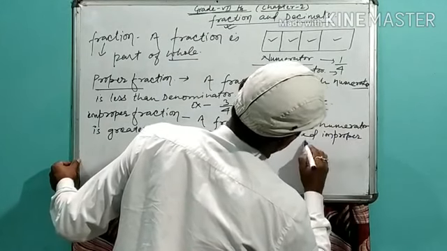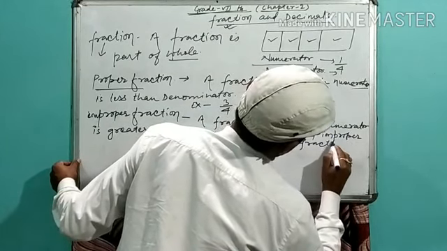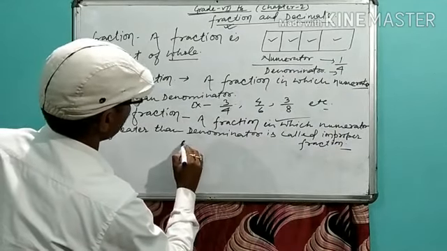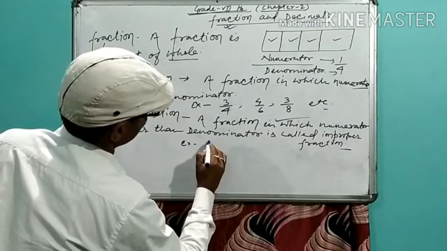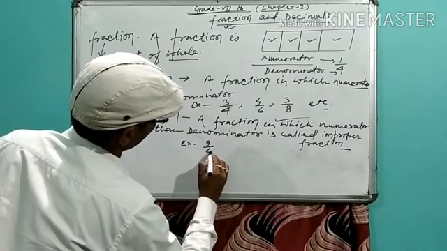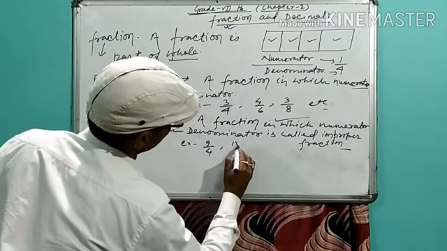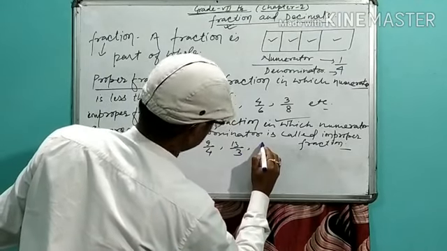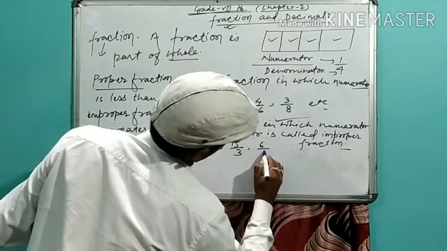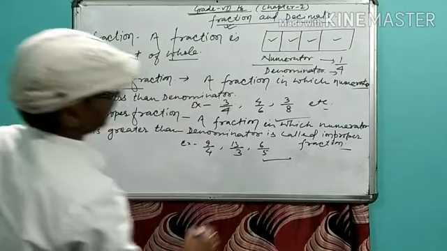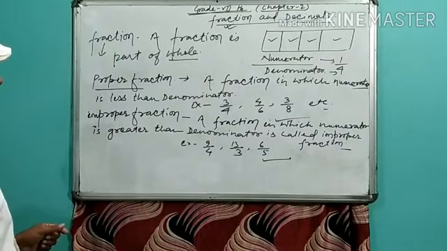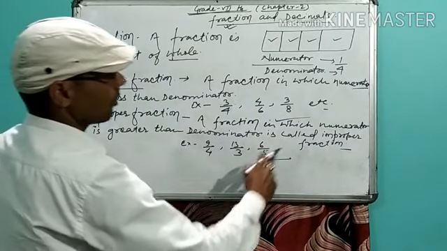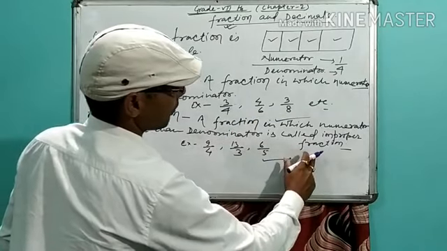Understood? Examples like 9 by 4, 13 by 3, 6 by 5. In this type, a fraction in which the numerator is greater than the denominator is called an improper fraction.